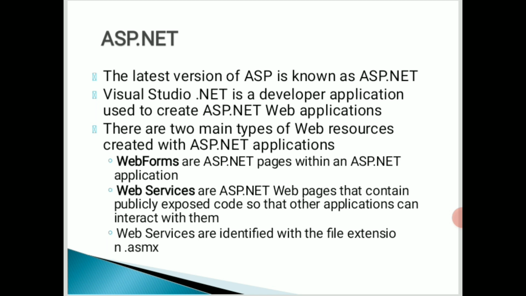There are two main types of web resources created with an ASP.NET application. First one is the web form, second one is the web service. The web form is an ASP.NET page within the ASP.NET application. A web service is an ASP.NET web page that contains published exposed code so that other applications can interact with it. Web services are identified by their file extension.